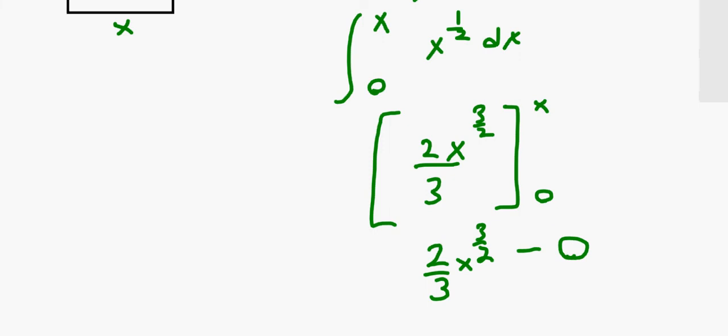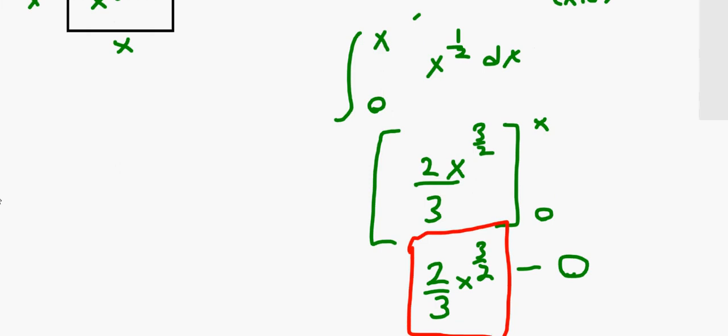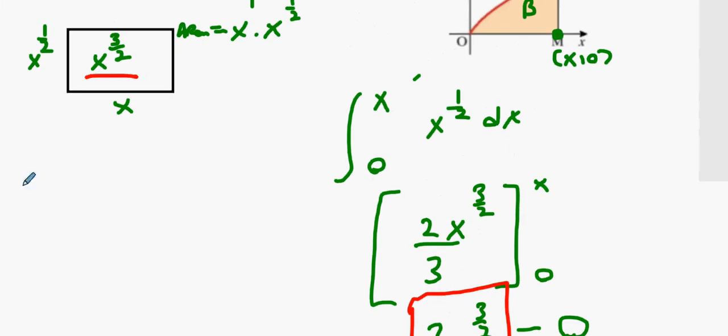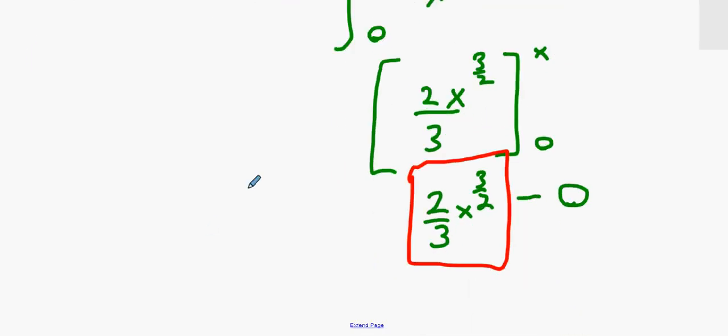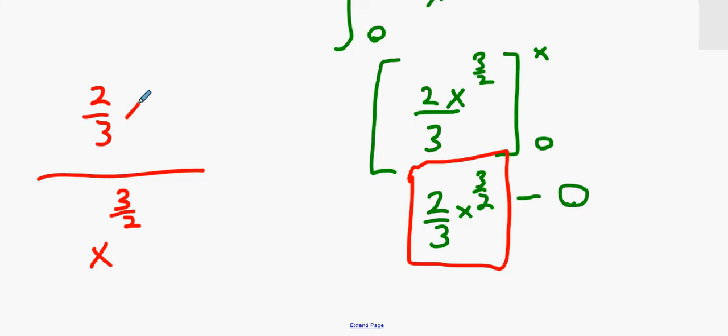So this here is the answer. Now, what's the answer for the actual rectangle as a whole? The area of the rectangle is x to the power 3 over 2. So the area of the shaded region divided by the area of the rectangle, the x to the power 3 over 2 cancels, leaving you 2 over 3.